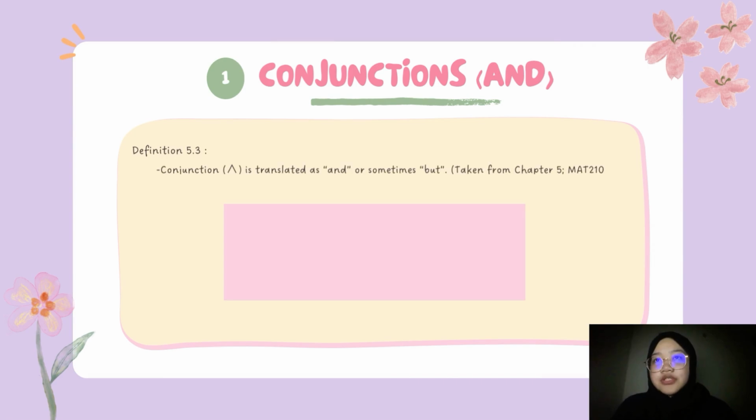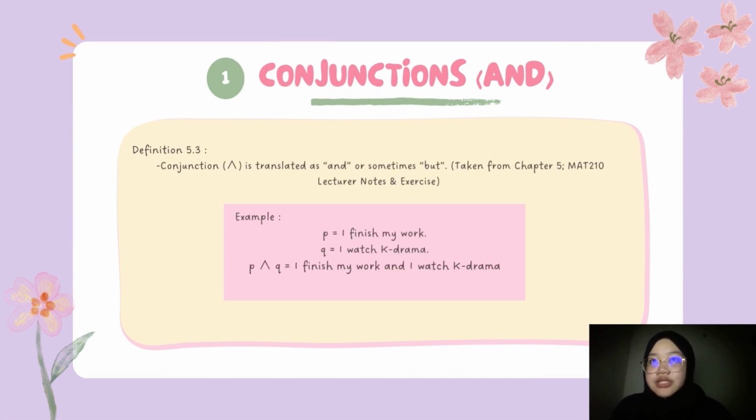Next, I will explain the conjunction, also known as AND. It combines two statements into one compound statement. A conjunction is true only when both of the statements are true. Otherwise, it will be false. For example, let P represent I finish my work and Q represent I watch K-drama.